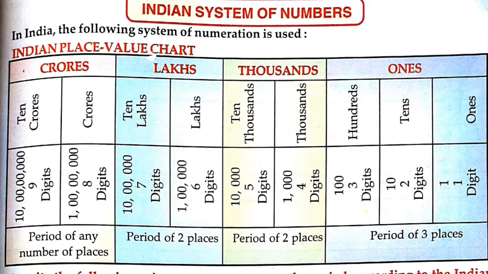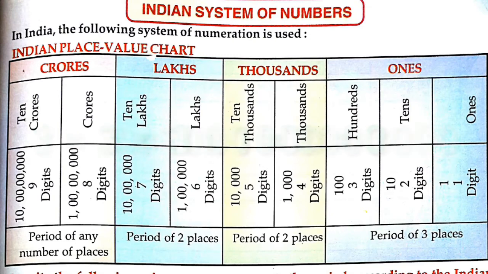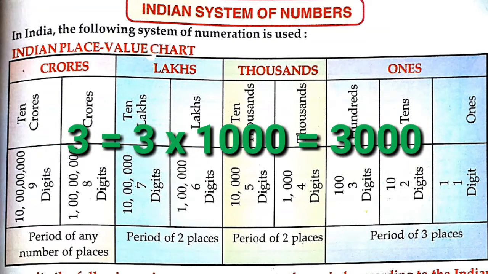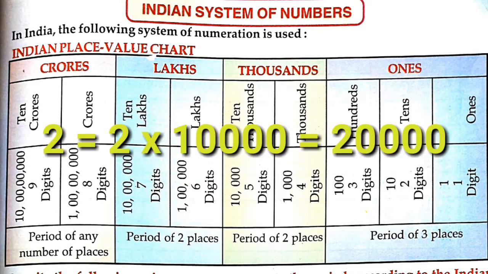If the number is 2, the place value is 2000. If the number is 3, it is 3000. The next column is the 10,000s column, in the thousands period. Here the place value is the number into 10,000. If a number 2 is in this column, its place value is 2 into 10,000, that equals 20,000.